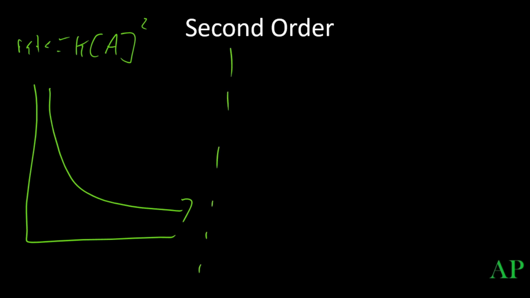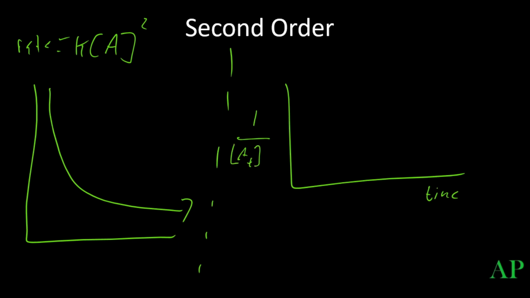In order to normalize this function, when we're graphing against time, we graph against 1 over my concentration at any point in time. So the inverse. And your graph will look as follows.